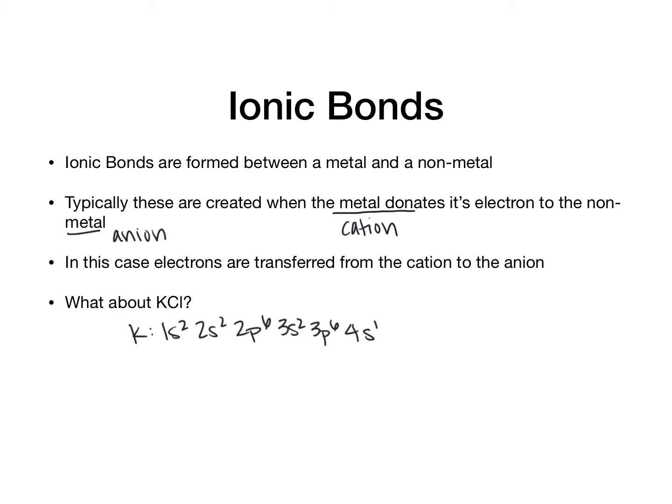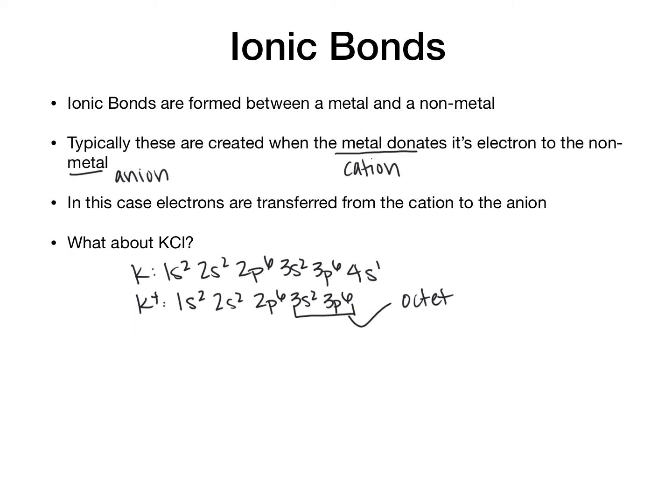So potassium has a single valence electron. K plus is 1s2, 2s2, 2p6, 3s2, 3p6. These 8 electrons are an octet. So now potassium, by losing a single electron, has achieved octet.